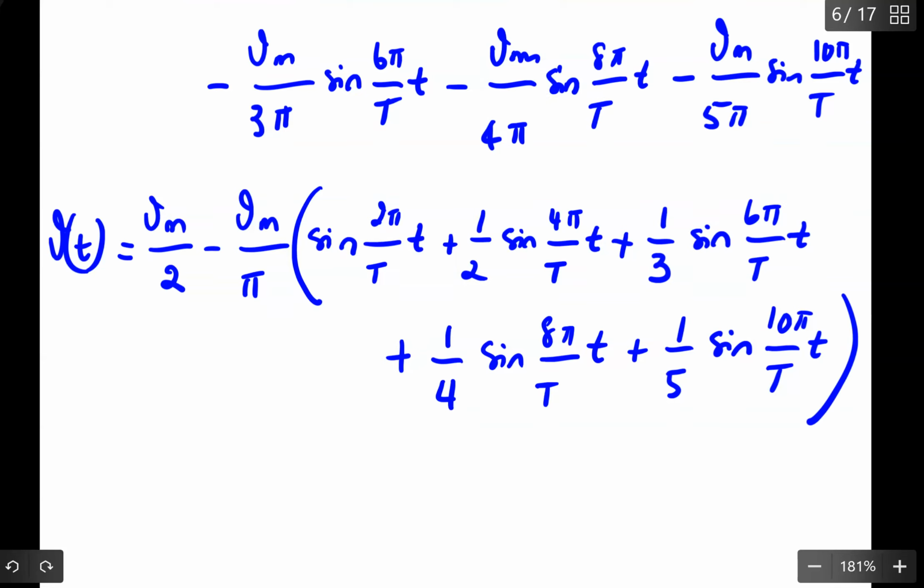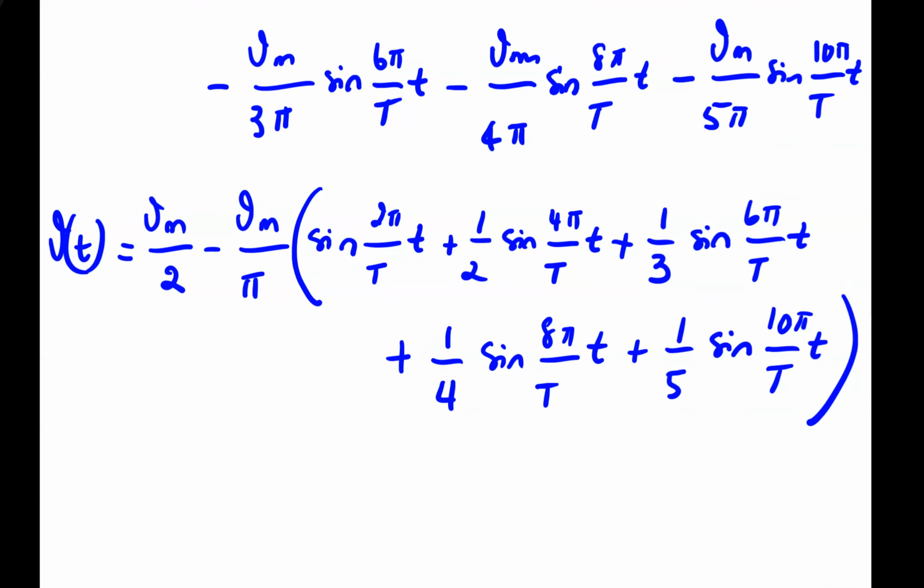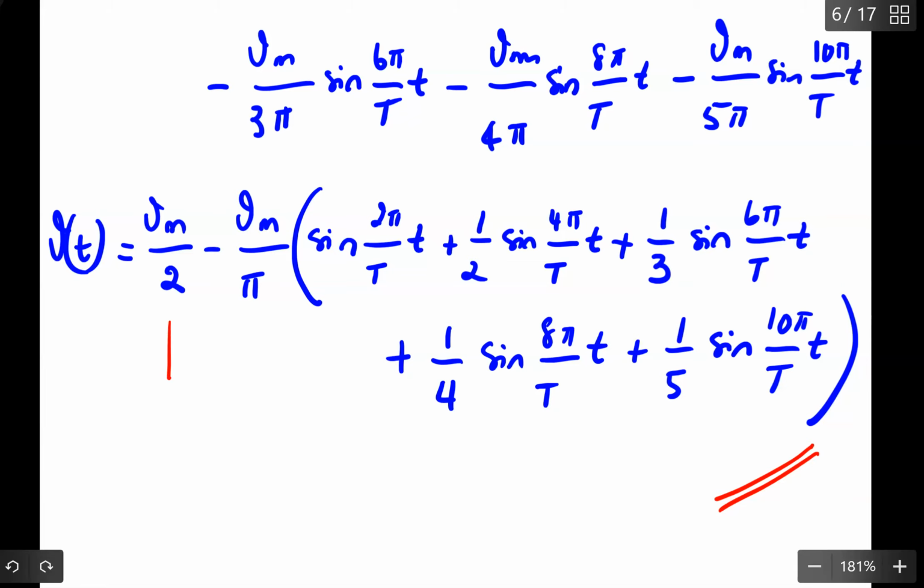So I cannot simplify any further. So this is the Fourier series of the above waveform, simplified to V max divided by pi pulled outside the bracket, and I include the A naught value as well.